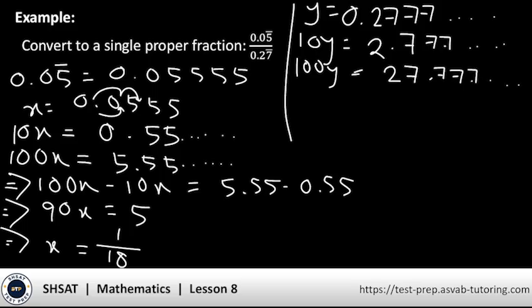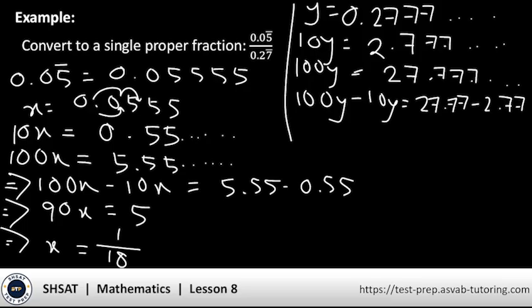Now what? Same steps here. I'm going to do 100y minus 10y, which is going to be 27.77 minus 2.77, which will be 90y equals, getting rid of the decimals, 25.